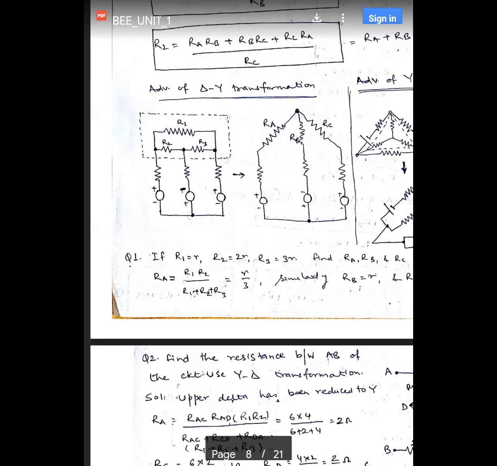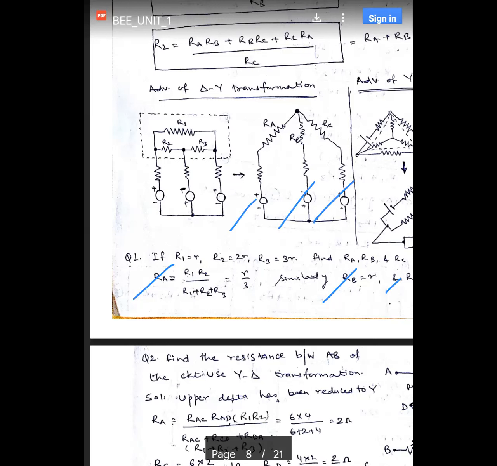Since it is now converted into star, we can easily calculate RA, RB, and RC if R1, R2, R3 are given. Similarly, in the forthcoming numericals, if the numerical is complicated, these battery values are also given, and we are required to calculate the currents or drops or power consumed, as we have discussed in previous numericals.